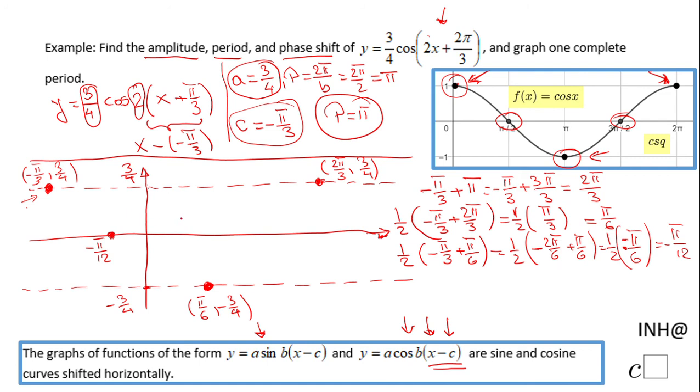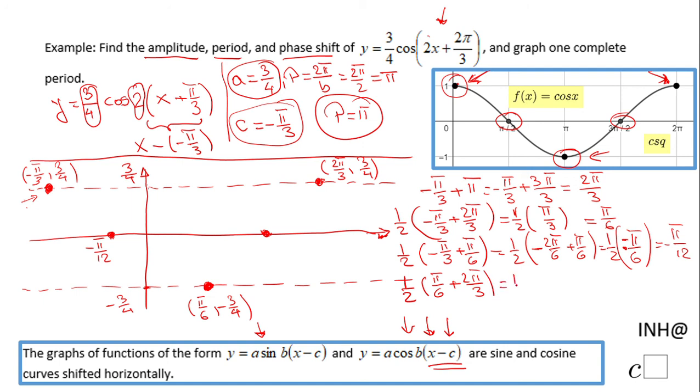And as I said, we have one more point, which is the second intercept, the 4th point in this 5 points technique. That point is in the middle between pi over 6 and 2 pi over 3. So we're going to add pi over 6 and 2 pi over 3, and divide by 2, or just multiply by 1/2.